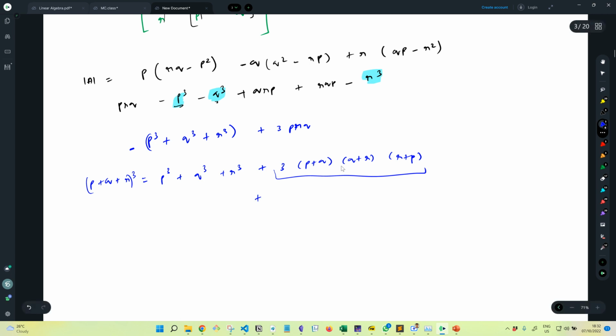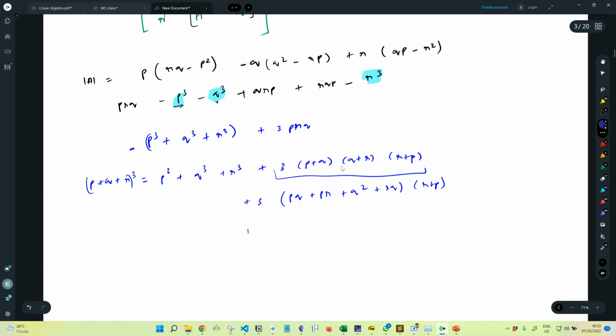This will be equal to plus 3pqr. Let me expand these two brackets first. So this will be equal to plus 3 times (pq plus pr plus q square plus rq) into (r plus p).